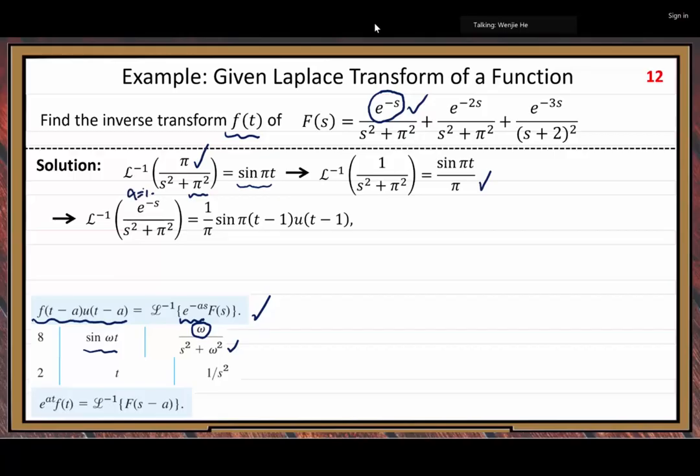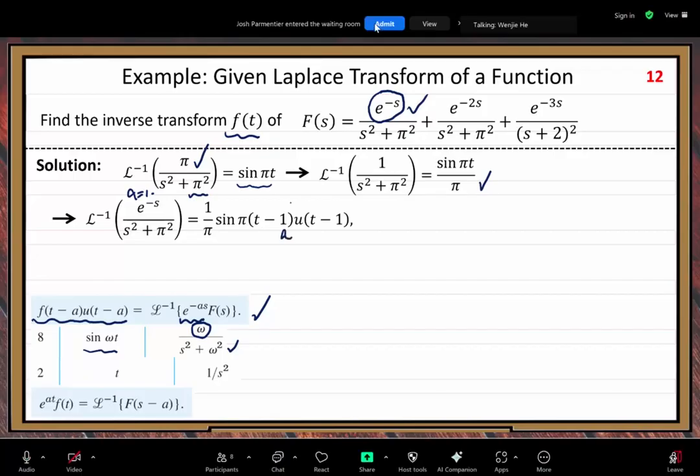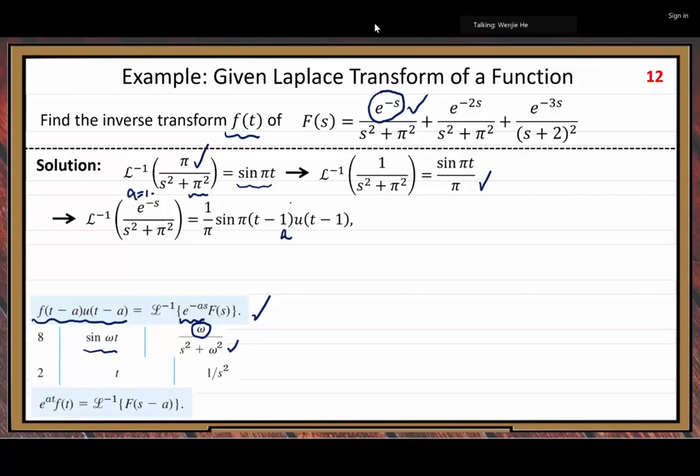Then you shift by a. So this is t minus a, and u of t minus a. You carefully apply the second shifting theorem. So that is for the first term.